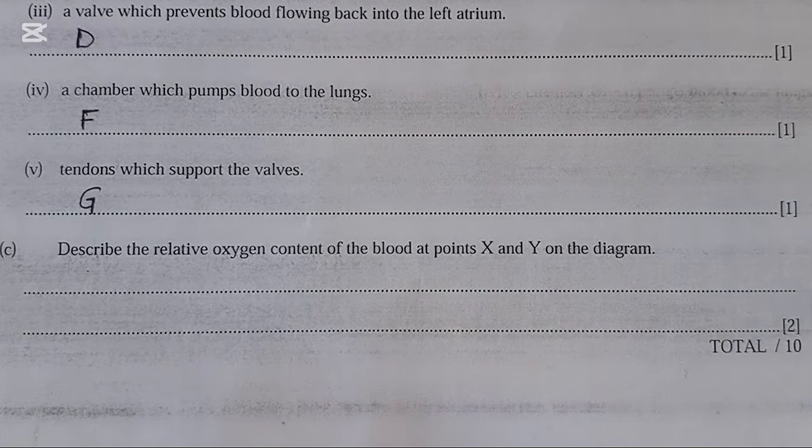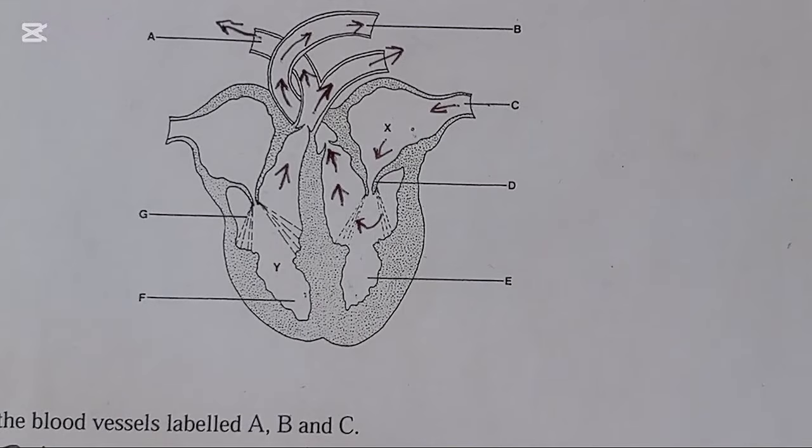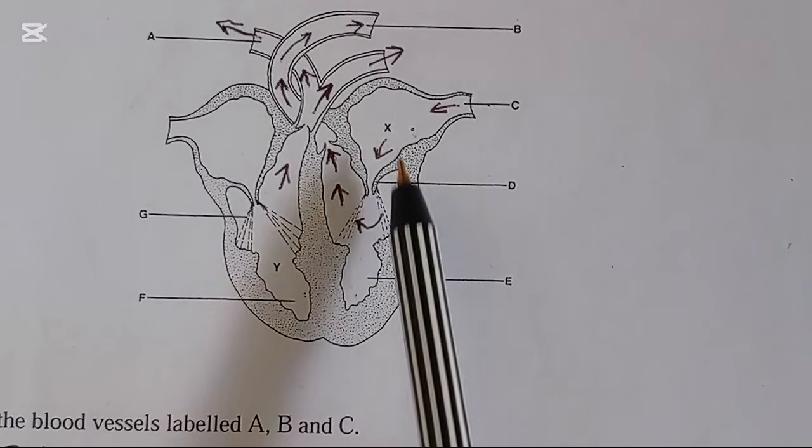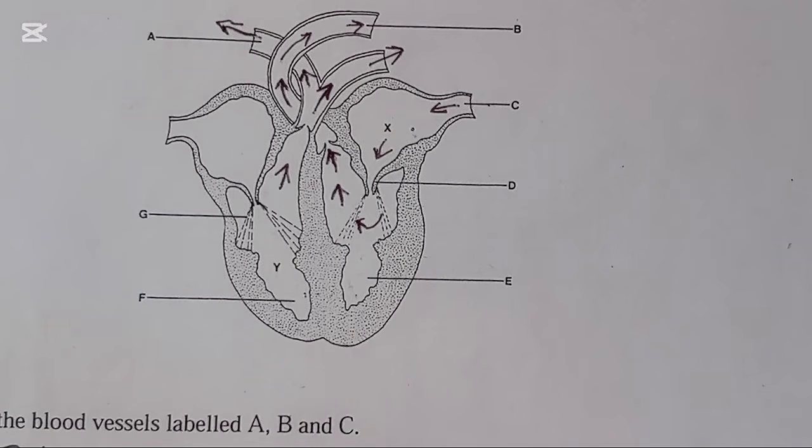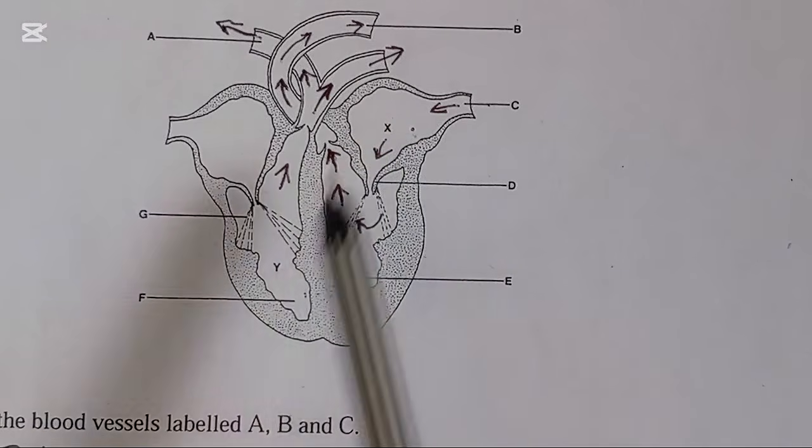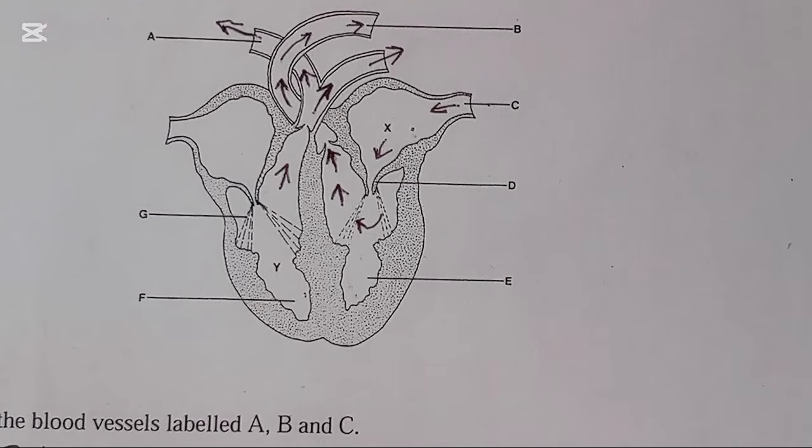Part C, describe the relative oxygen content of the blood at point X and Y on the diagram. At point X, which is the left atrium, it contains a high content of oxygen.